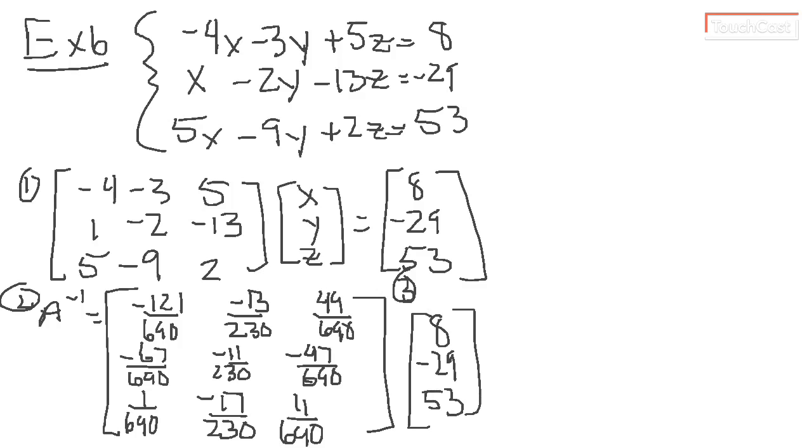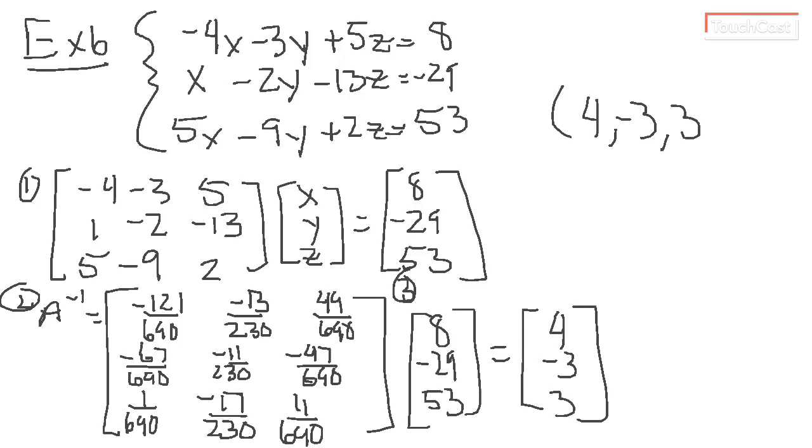So now when I do that, the resulting matrix I get is 4, negative 3, 3, which means my solution is the ordered triple 4, negative 3, 3. And that's the end of example 6.